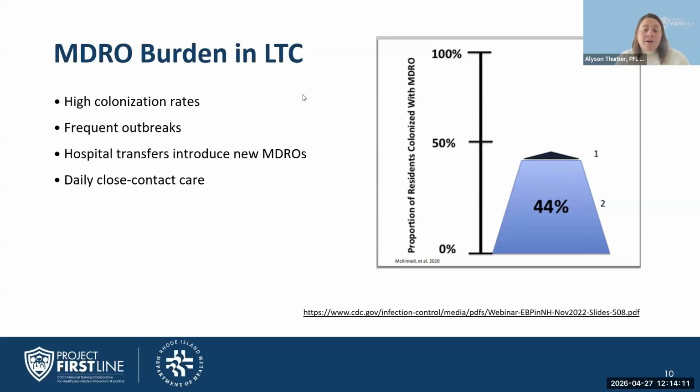More recent data confirms that these trends are worsening, with CRE colonization increasing significantly among patients transferred into long-term care. So residents like Mr. Jenkins move between hospitals and long-term care facilities, and hands-on care creates frequent opportunities for transmission.